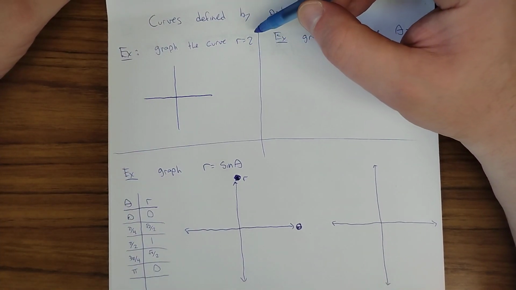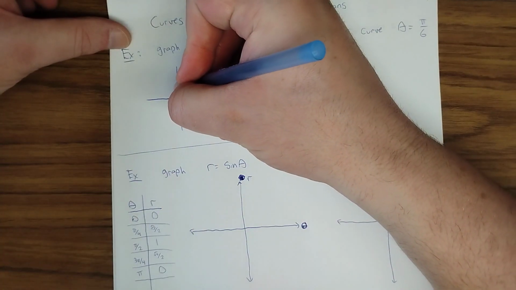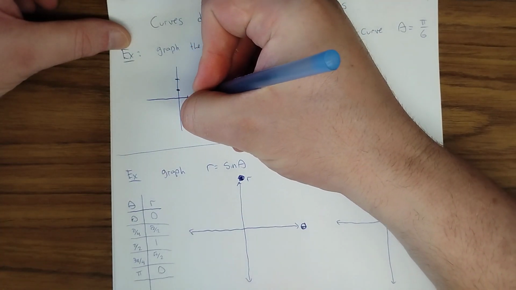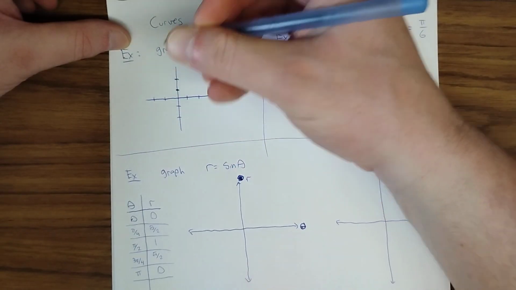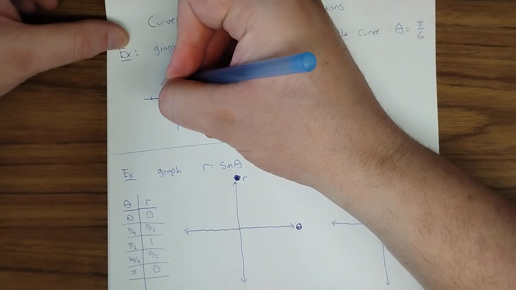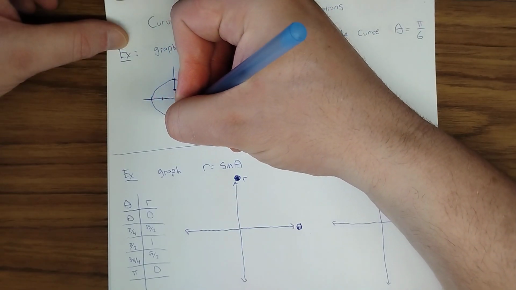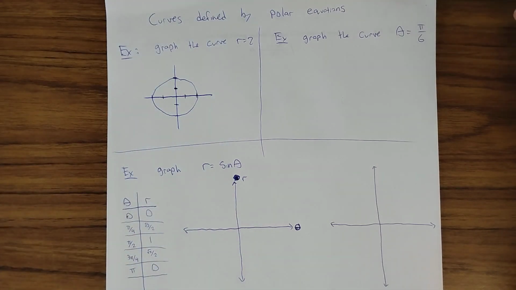So circles centered at the origin are really easy to describe. If I just tell you r equals 2, that's all the points that are distance 2 away from the origin, because r is just the distance from the origin. So the hard part is actually drawing a circle, but yeah, let's call it good.